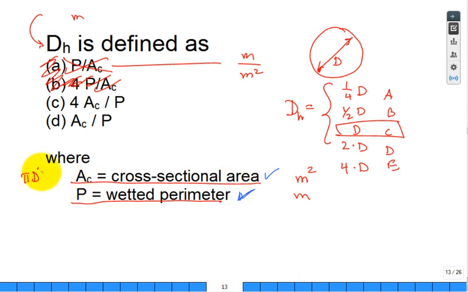Pi d squared over 4. And then what's the perimeter? Pi d. So if I just put A_C over P, then it would be pi d squared over 4 divided by pi d. It's d over 4. That doesn't make any sense. So what's the best answer?